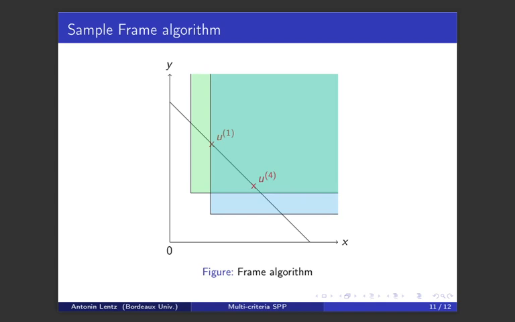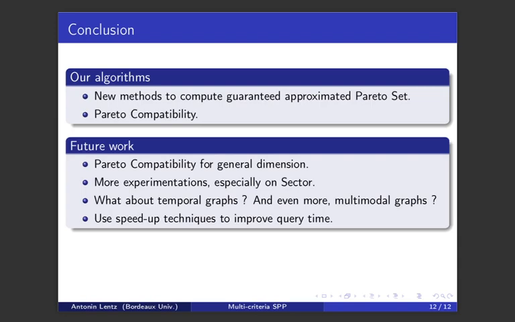Okay. So here we presented some new techniques to get a guaranteed approximated Pareto set, but also the Pareto compatibility that is very nice because we only get optimal path in the output, but also it's very interesting in terms of output-sensitive complexity.